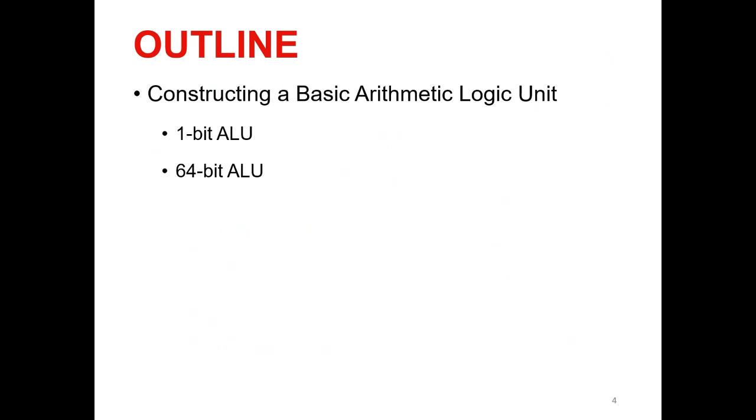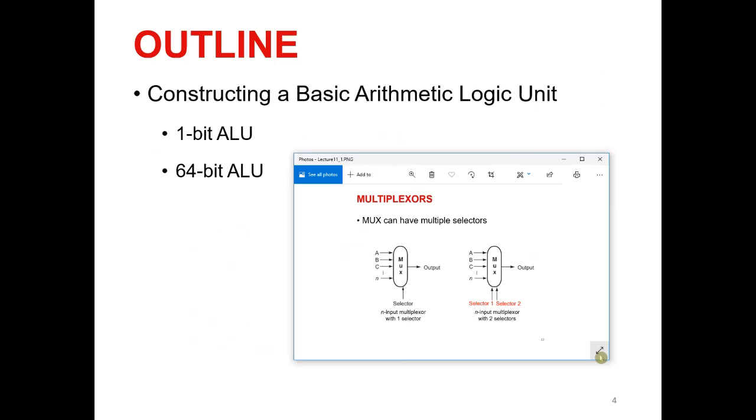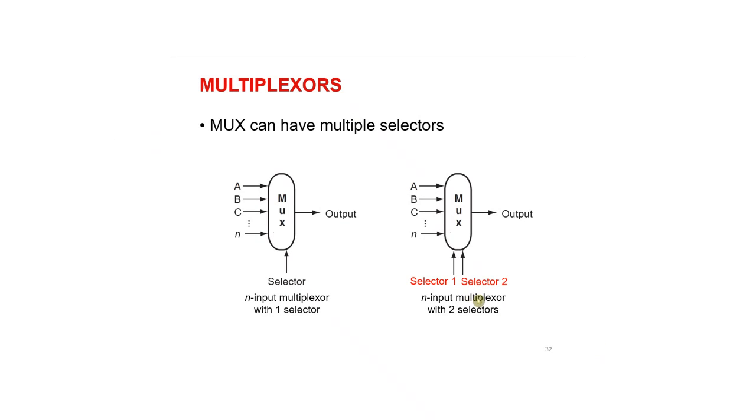Before starting, I would like to mention that yesterday someone asked me what happened with the selector with multiplexers. Someone asked me if this selector here can be of more than 1 bit. So the answer is that selectors only have 1 bit. So if I have multiple inputs, I will need more selectors.